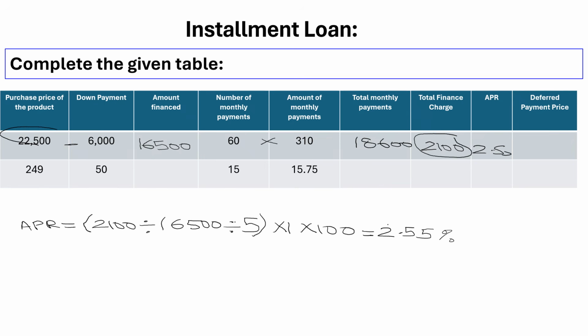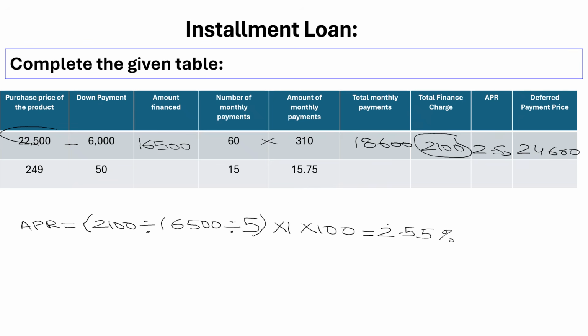Both I will add here. So you will get the total amount, the deferred payment price, which will come to 24,600. This is how we complete the table.